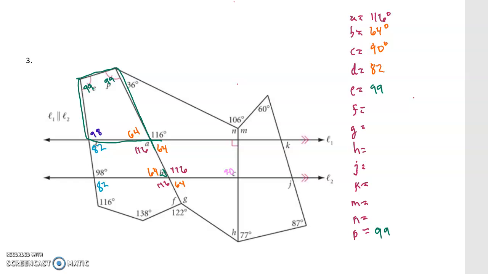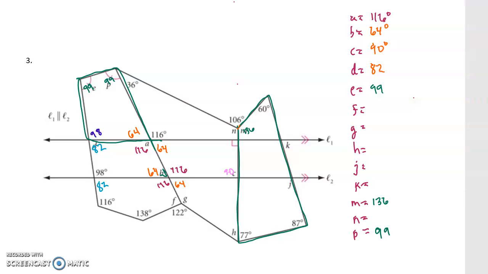I also can do a quadrilateral sum here to get M. So 360 minus 60 minus 87 minus 77, excuse me, to get M, which is 136. And then this is another one that's kind of interesting.